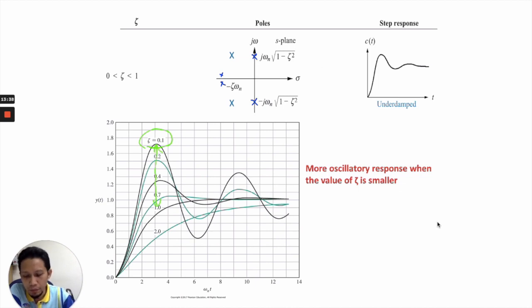We can compare with a zeta that is greater in value. For example, if we take 0.4 over here, the percentage overshoot becomes smaller as compared to zeta 0.1 here.